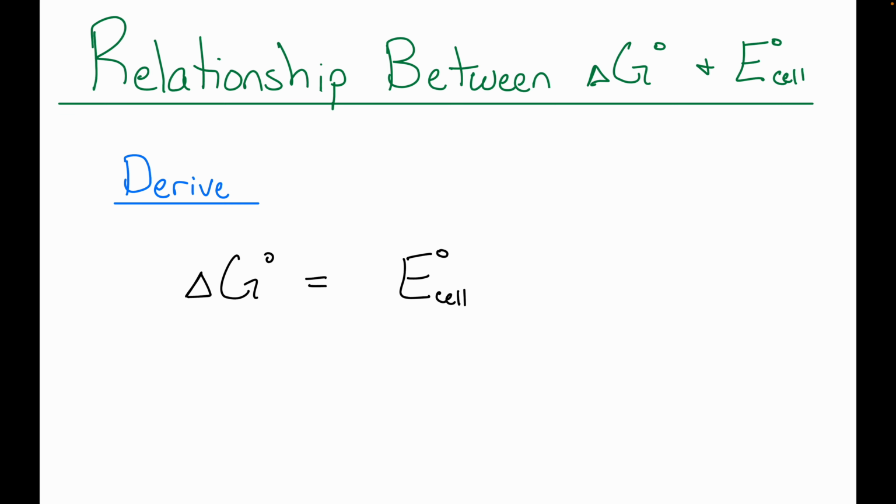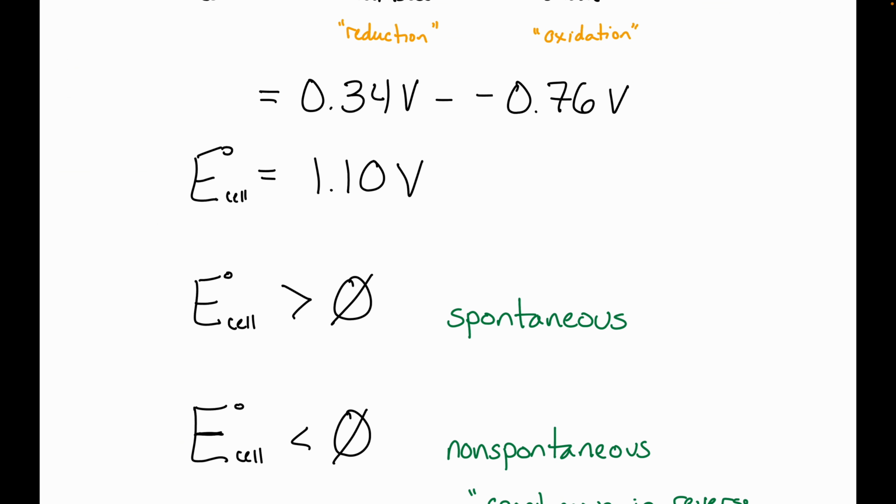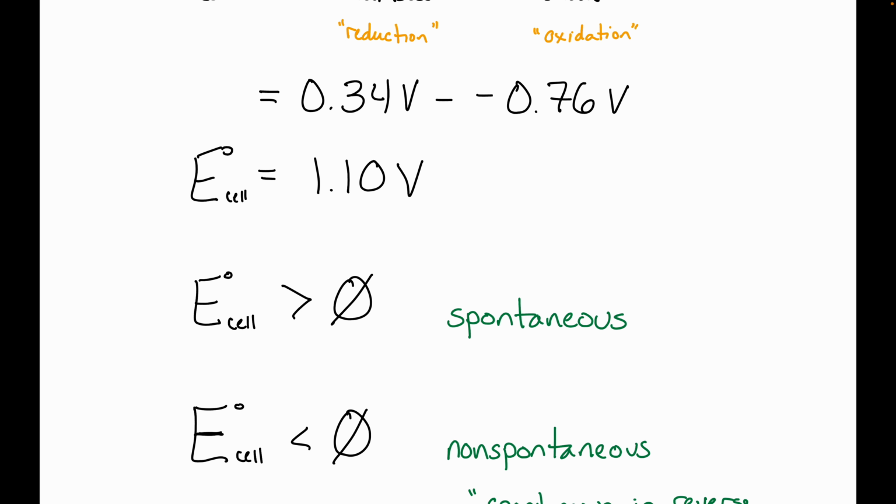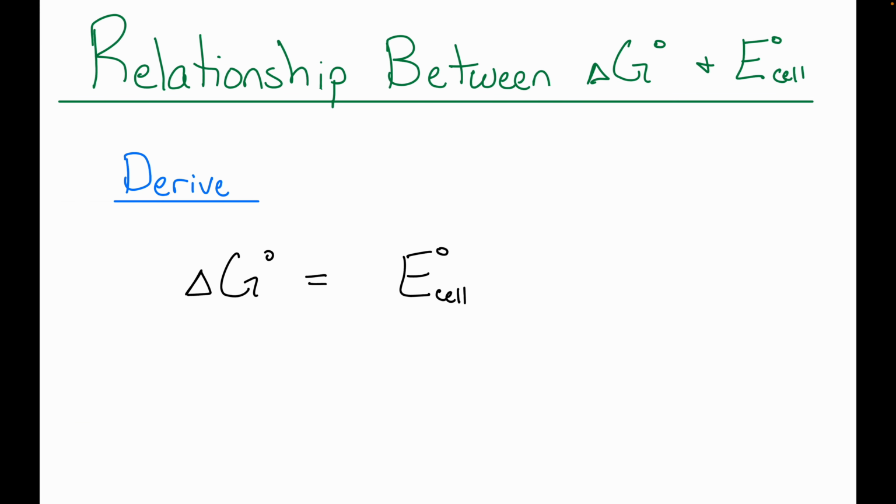First, we have to worry about the sign. For my E naught cell, I said that a positive value was spontaneous. For delta G, is it positive or negative? Negative is spontaneous. So in our equation, we're going to have to introduce this negative sign.